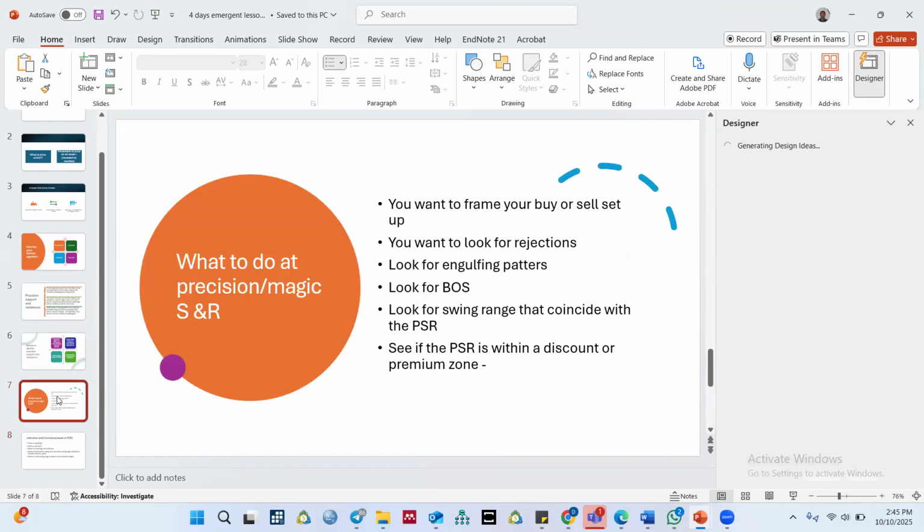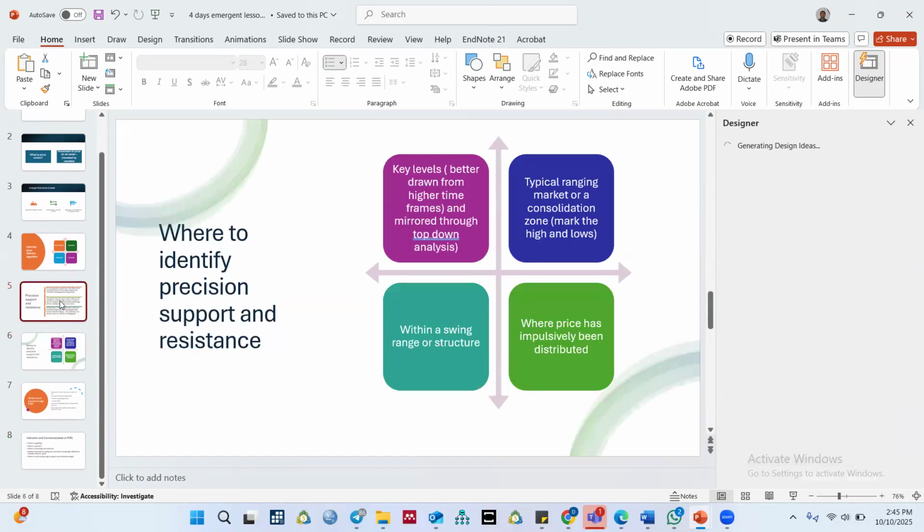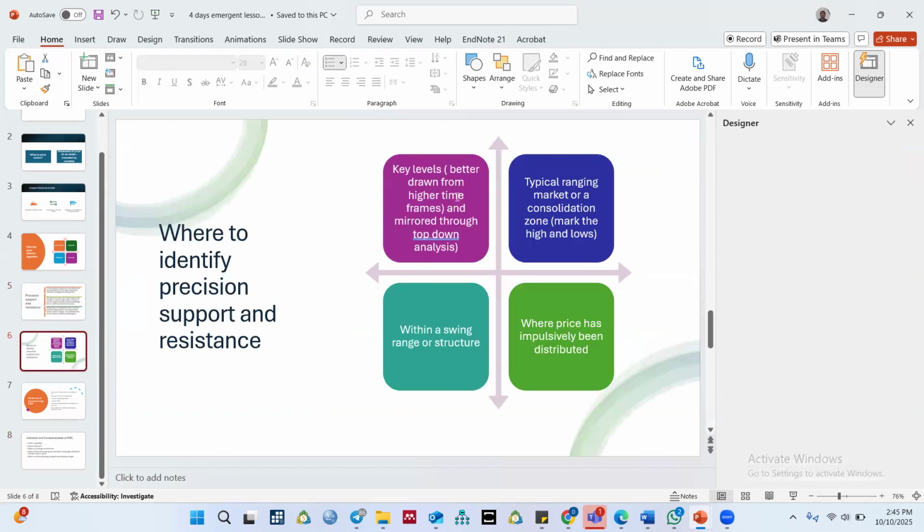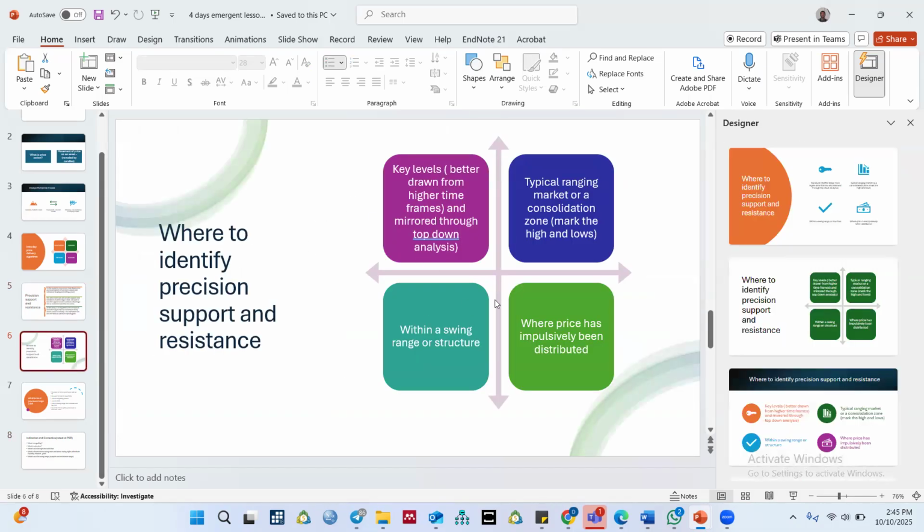Then we will go back and practically use the points we have defined here as to where we can find or draw this line, and then we will go on the chart and do examples, like we identify key levels and then we can draw our lines.